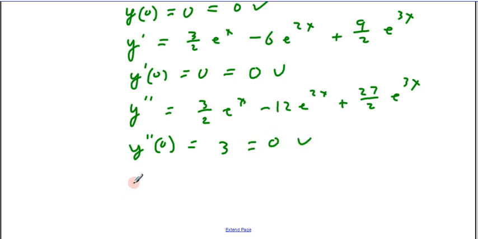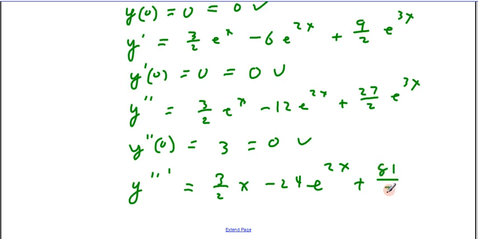That checks. Y triple prime is 3 over 2 e to the x minus 24 e to the 2x plus 81 over 2 e to the 3x.